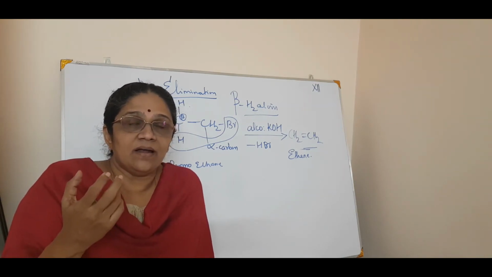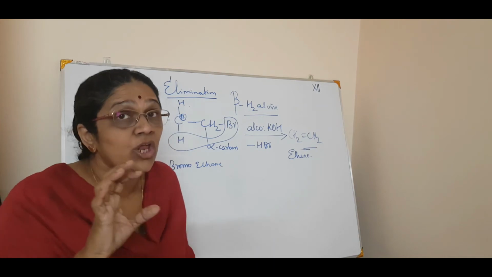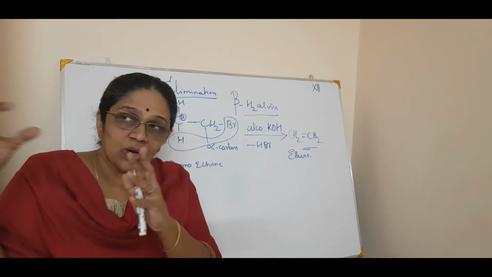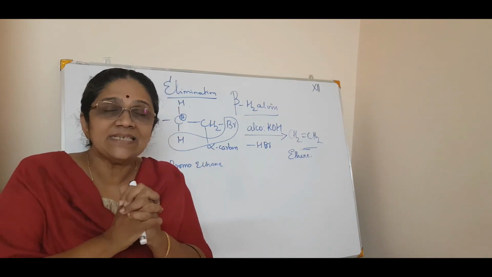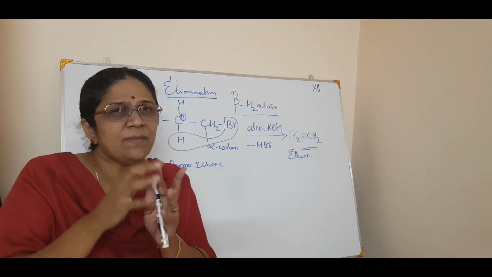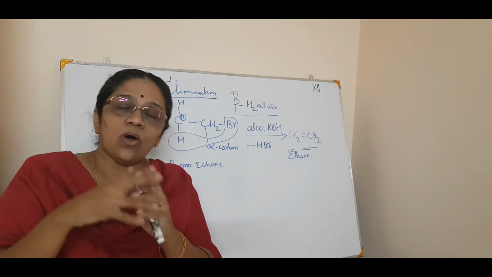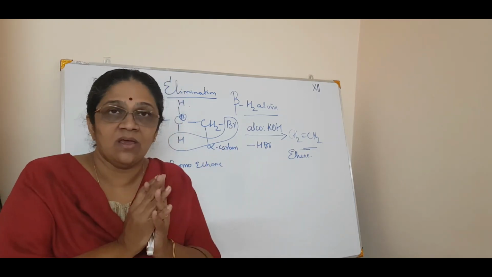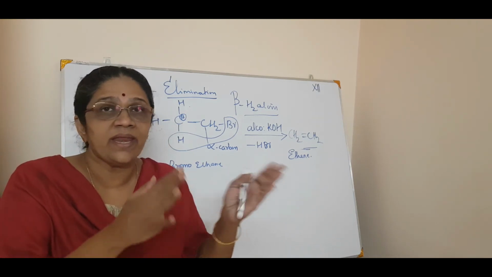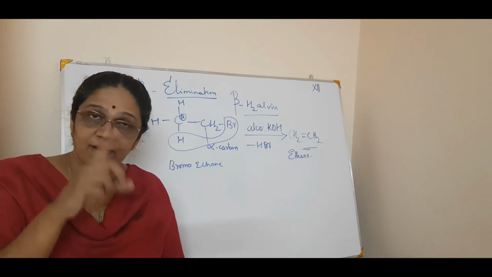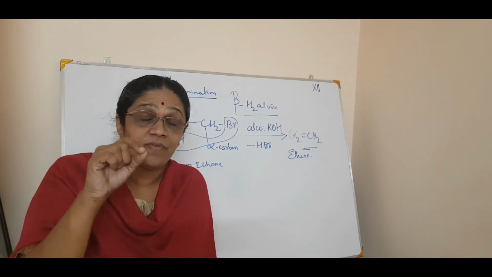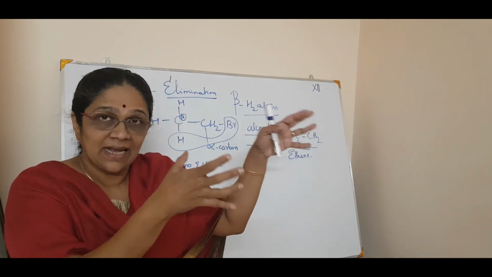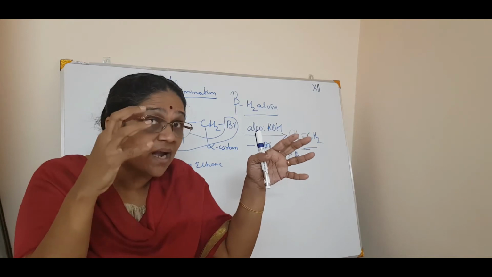So, for example, if the alkyl halide is a primary alkyl group, primary means only a CH2 group is there, the chances are more for an SN1 or an SN2 reaction to happen. Correct. But listen, if the coming nucleophile, I am talking about the coming nucleophile, correct? Our alkyl halide is there, but the coming nucleophile is a bulkier group.